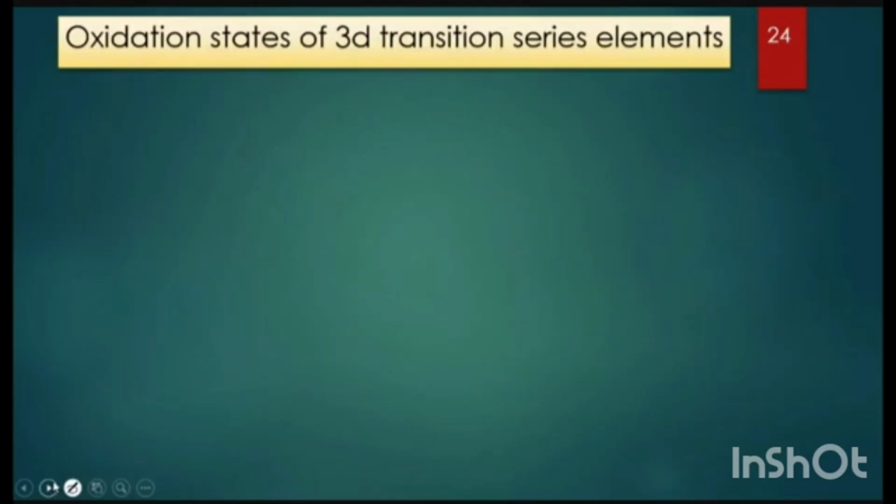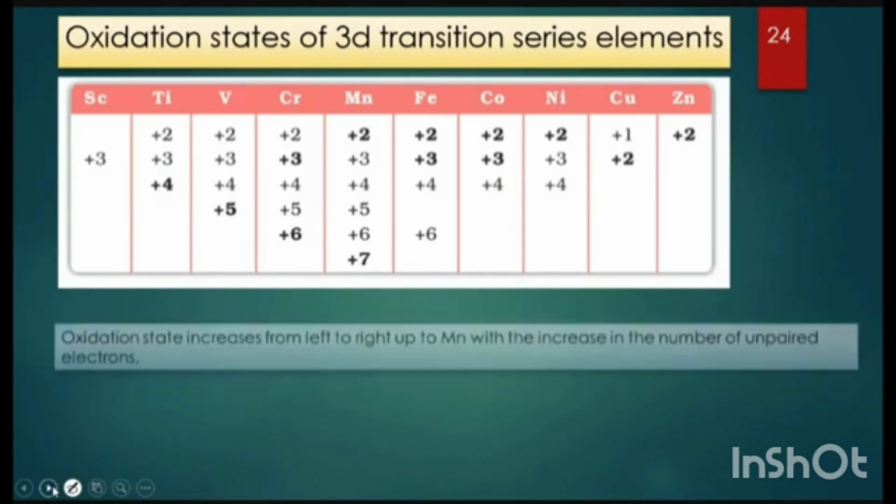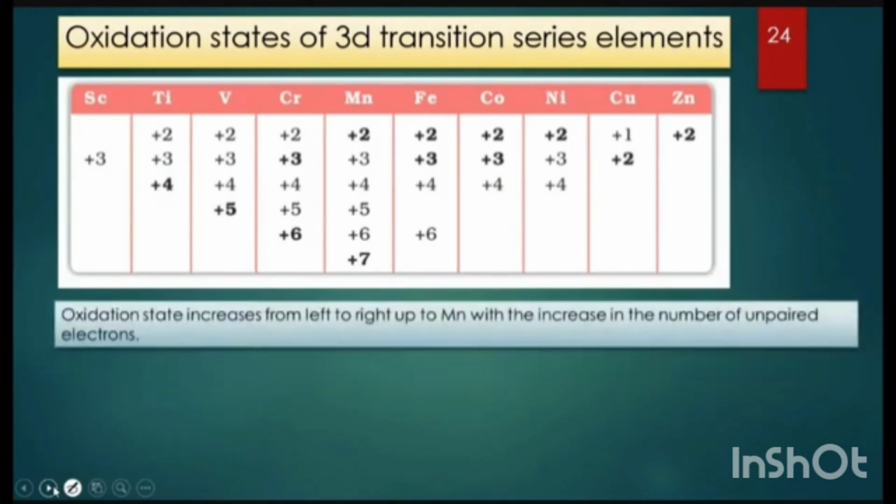Then, oxidation states of the 3d transition series of elements. Here you can see the oxidation states of the first transition series of elements, which starts from scandium and ends with zinc. What we can infer is that oxidation state increases from left to right up to manganese with the increase in the number of unpaired electrons. If we have a closer look, you can see +3 for scandium, +4 for titanium, and for vanadium it is +5.